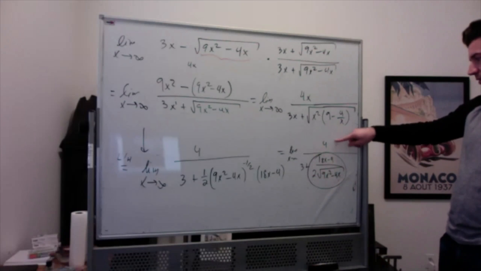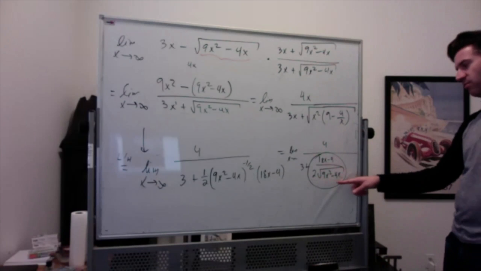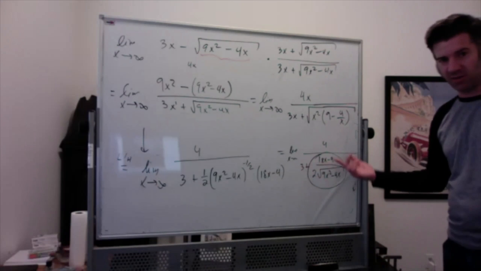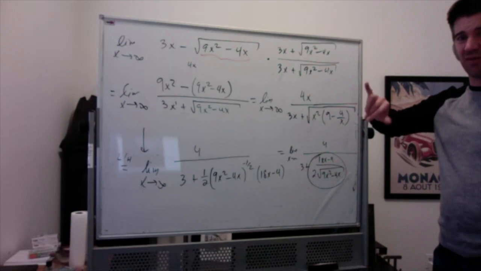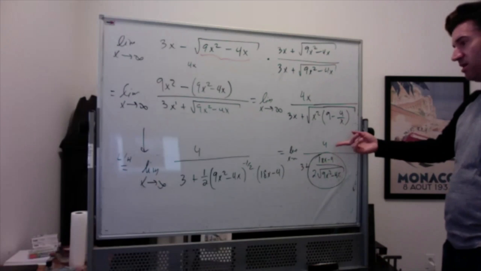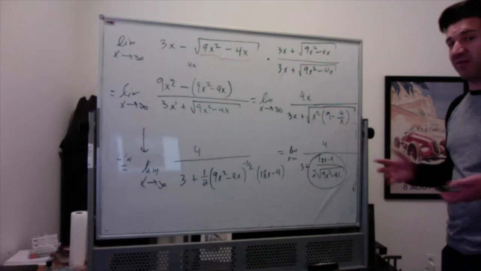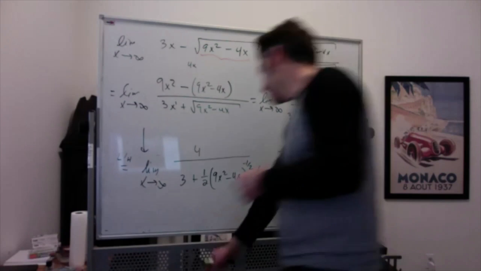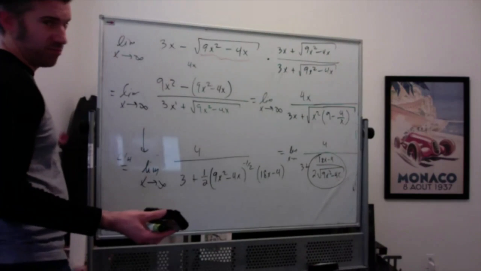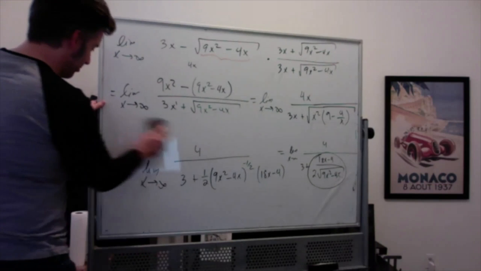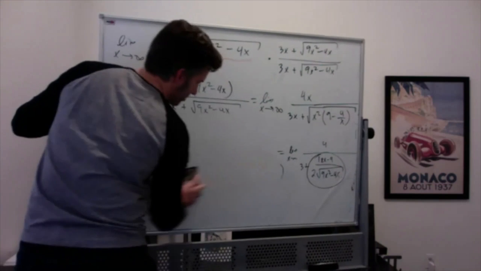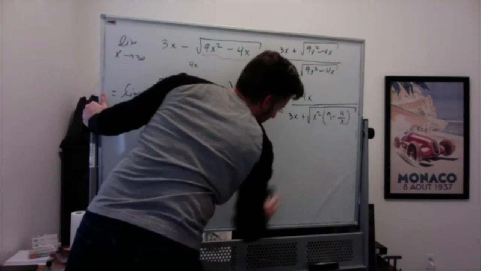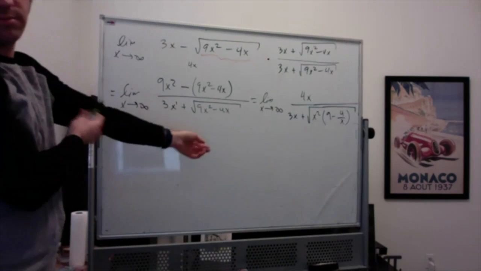So then you get 4 times 2 root 9x squared minus 4x over something gross on the bottom. And you just keep going back and forth, flipping this to the bottom, to the top, to the bottom, to the top, and you never actually get a result, which is annoying. Instead, you actually have to do this problem by not using L'Hopital's rule. Sometimes L'Hopital's rule is just not the tool for the job.